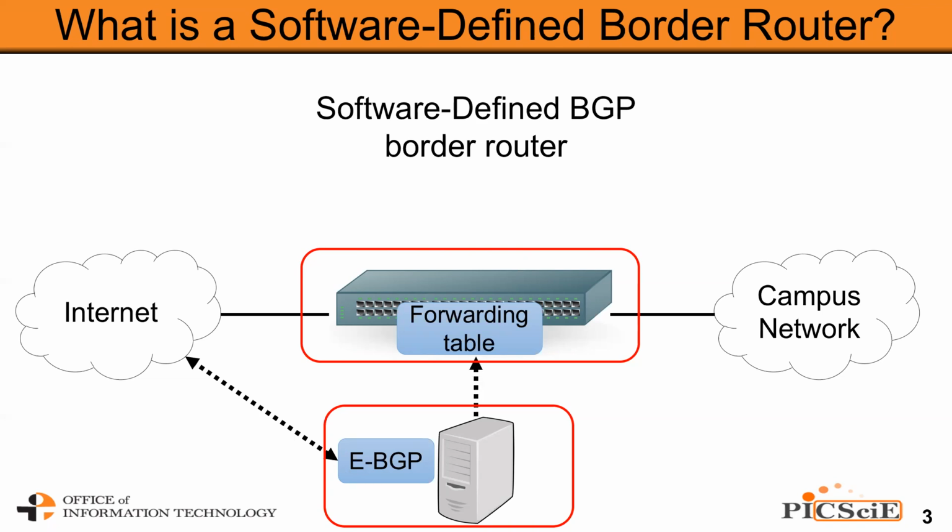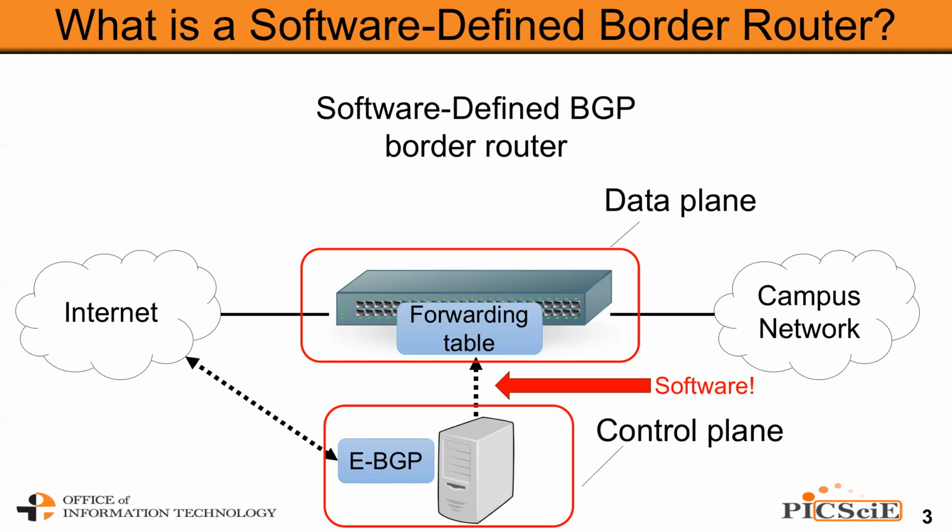As you can see in this architecture, the control plane and the data plane are separated, and that's why we call this a software-defined border router. And of course, the interesting part is here, where you can stick some interesting software piece that can possibly customize the forwarding table to meet our needs.